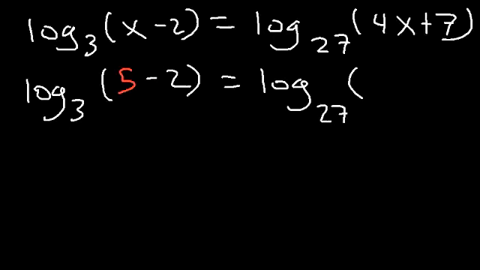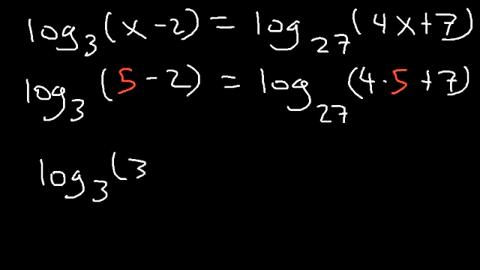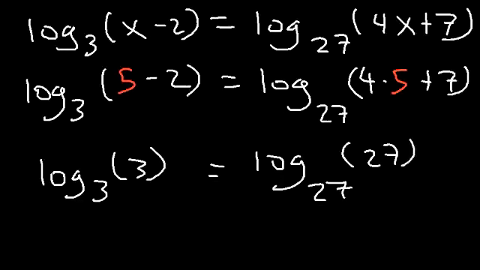And on the right side, 4 times 5 plus 7. So 5 minus 2 is 3. And 4 times 5 is 20. 20 plus 7 is 27. Log base 3 of 3 is 1. Log base 27 of 27 is 1. So x equals 5 is indeed a solution.